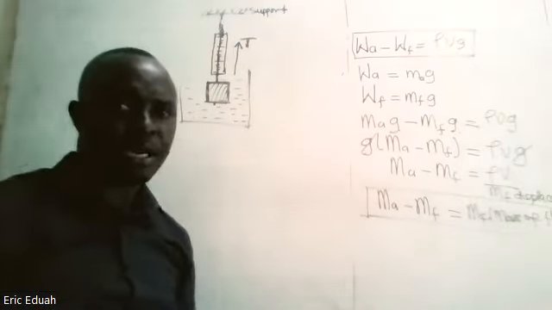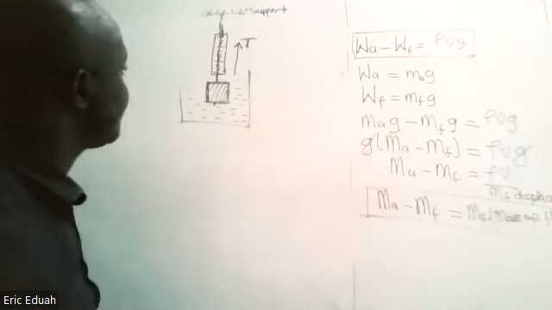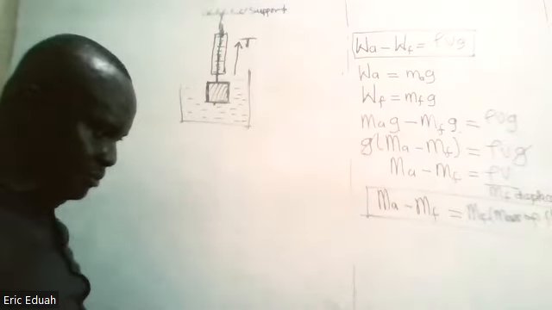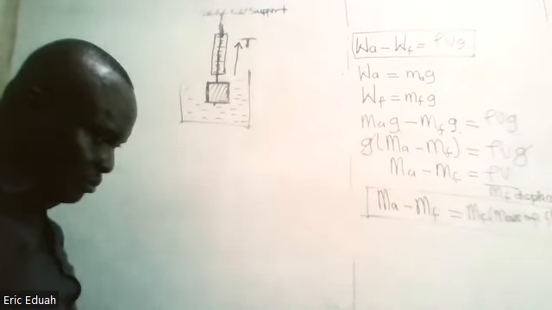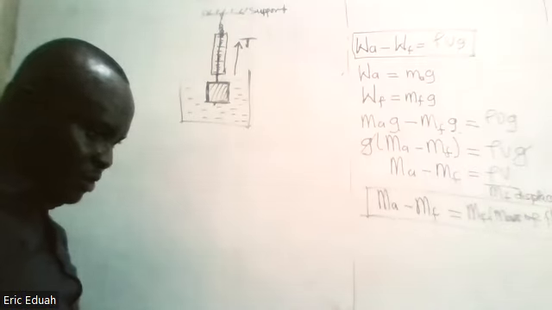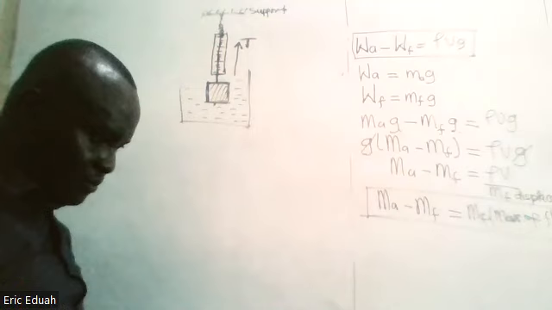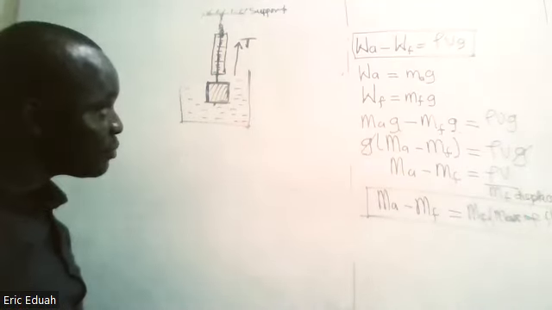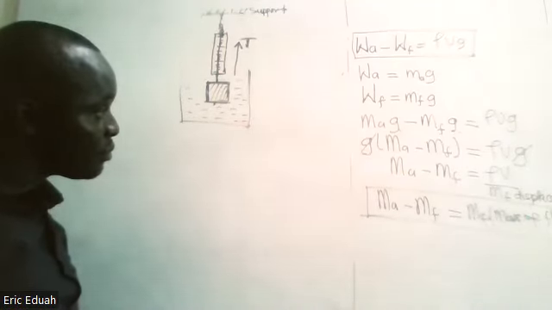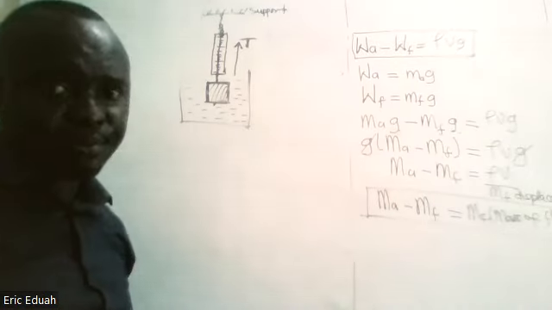Mr. Young, hello. I'm listening. Let's start this one again. Why did you define the density times the volume by the mass of the apparent weight? Come again.